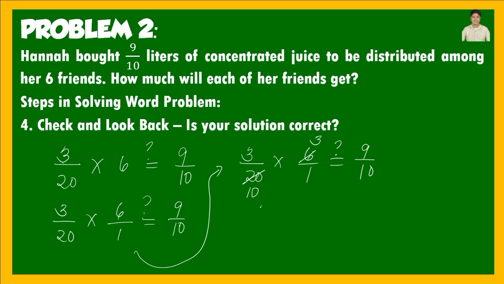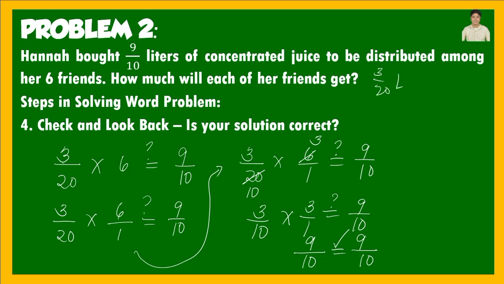Next, multiply the remaining factors. So, 3 times 3 will have 9. 10 times 1, we have 10. Equals 9/10. So, therefore, our answer 3/20 liter is correct.